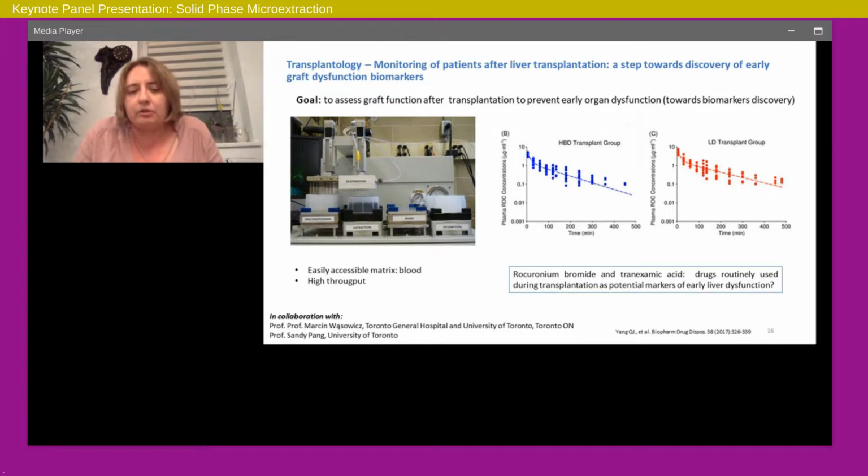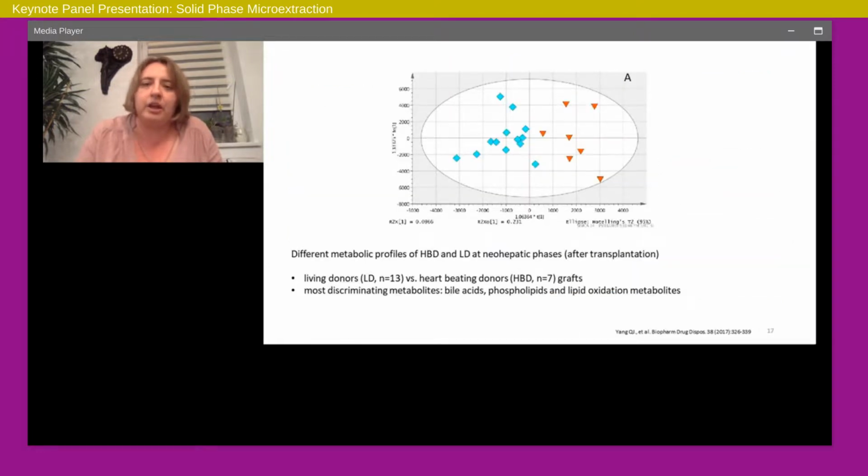But we also looked into the global profile of the patient. So we were using exactly the same system for doing targeted and untargeted analysis, because for this type of analysis, you need to have really quite a large group. So for this untargeted profiling, we just took a part of the patients' samples, and we just checked if we have any type of separation.